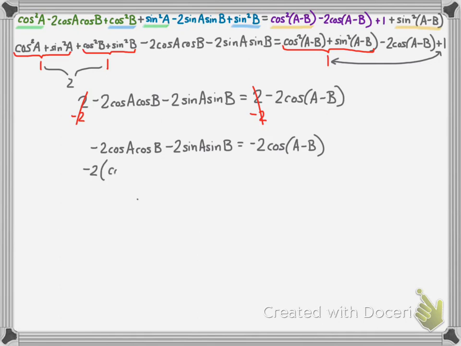When I factor out the negative 2, I have cosine of A times cosine of B plus sine of A times sine of B. And on the right side, I have negative 2 cosine of A minus B.